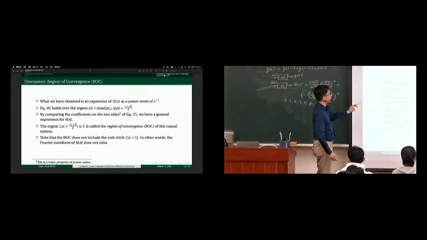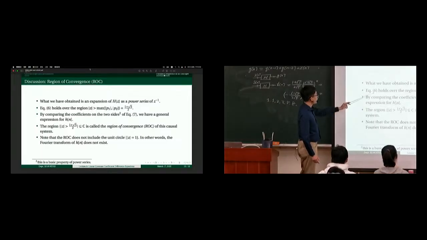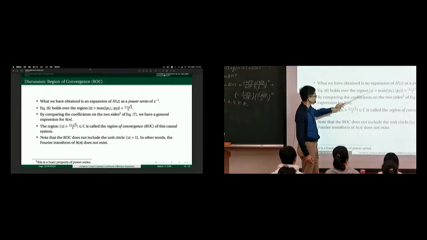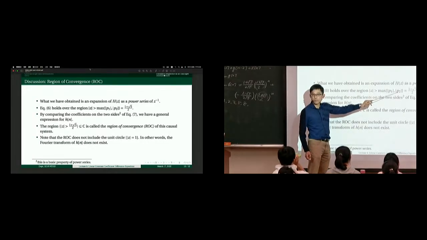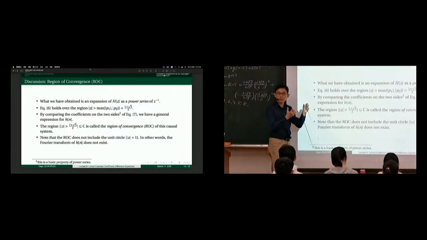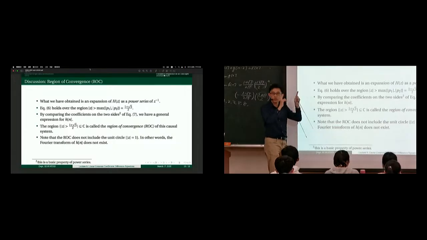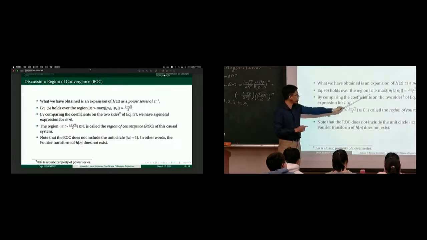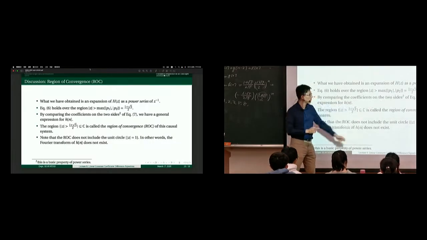So here is a comment. Equation 6 holds over the region where the absolute value of z must be greater than that, and must also be greater than that, for both power series to converge to the fractional decomposition. So for both series to converge, we can proceed to equation 6 only in the region of z greater than both of those, okay?